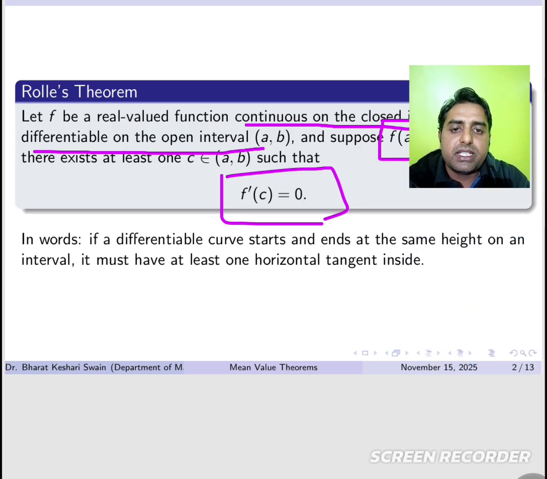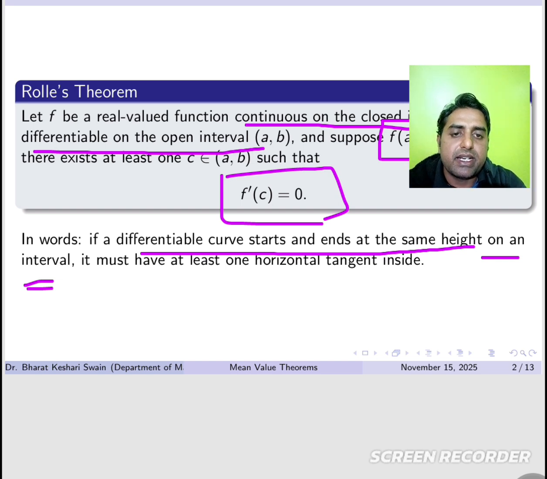So in words, if a differentiable curve starts and ends at the same height on an interval, it must have at least one horizontal tangent inside. What does it mean?